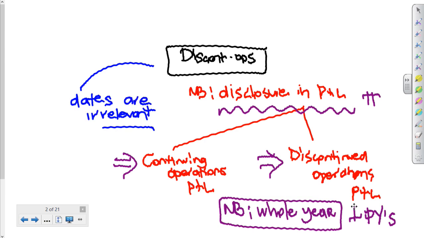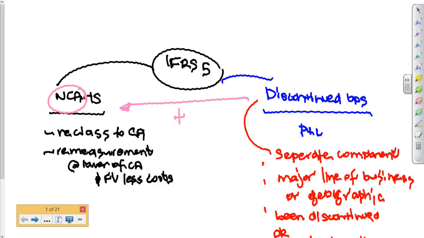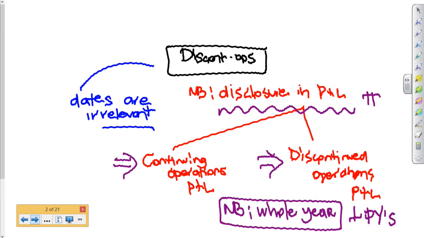Dates are irrelevant. Last week, when I did non-current assets held for sale, this piece, when I did the reclass and the remeasurement, their dates were relevant because it was important that I get the remeasurement right, isn't it? But for this one, dates here are not relevant. Okay, discontinued operations.